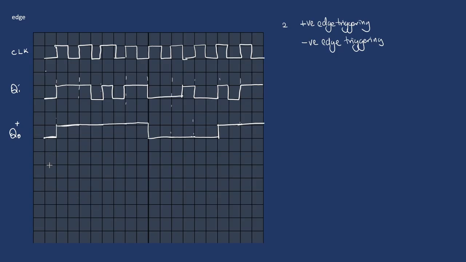Now I want to designate. So 1, 2, 1, 2, 3. I want to designate my falling edge. So Q naught. I want to designate my negative edge triggering. Okay, so that's what's going to be down here. Let's write that down. Negative edge triggering.